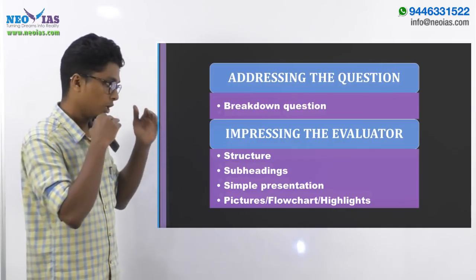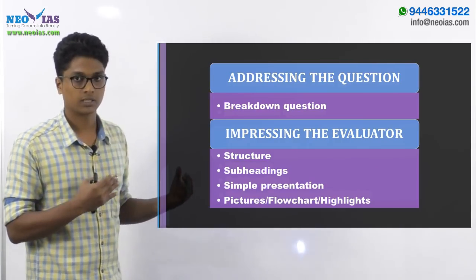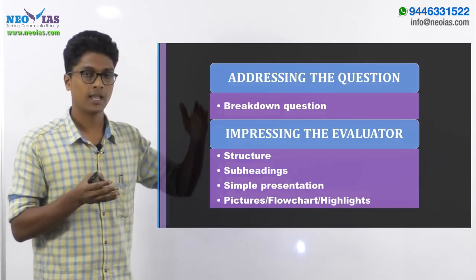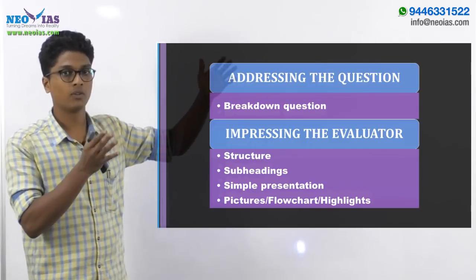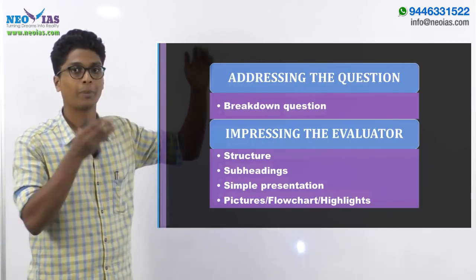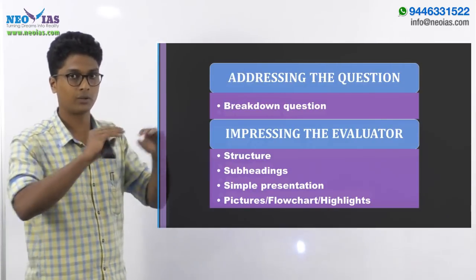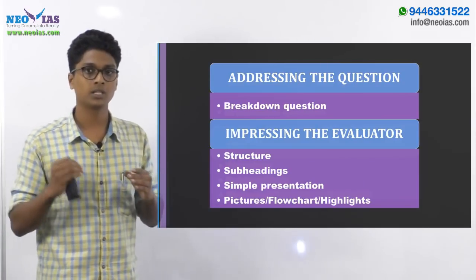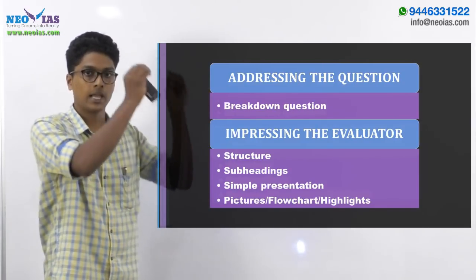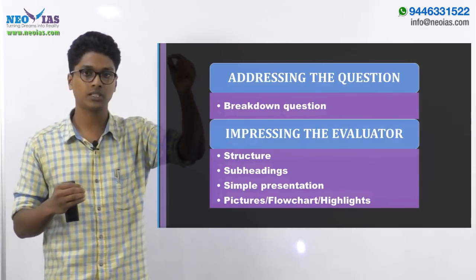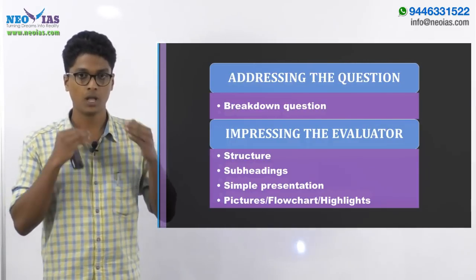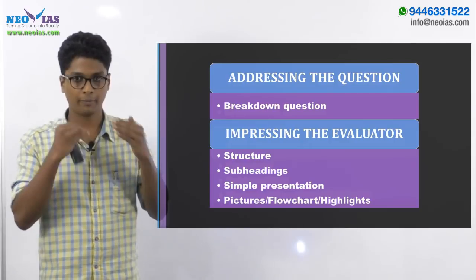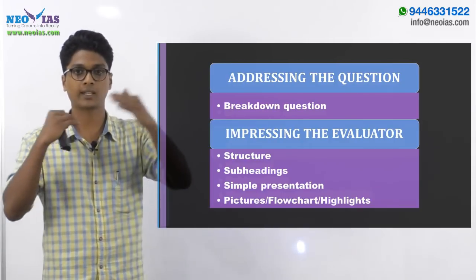To show you the importance of this, imagine a person is writing a 10-mark answer with 150 words, and a 150-word-long paragraph is written. It's not been divided into anything. And another person is dividing the same content into different parts, like challenges, the prediction techniques, and the importance of monsoon, why it is important to predict monsoon, as a conclusion.